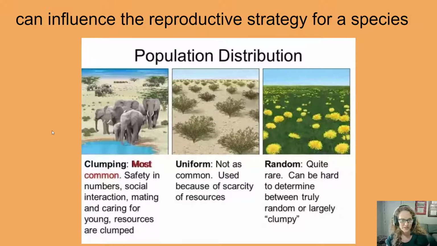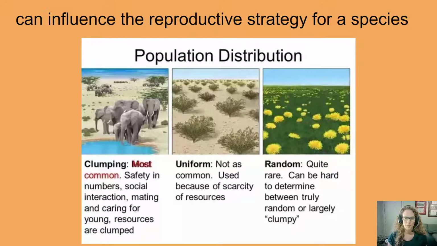The way a population is distributed can also influence the reproductive strategy that a species chooses, the R or the K. On the left, clumping is the most common strategy we see. Safety in numbers: they group together, protect each other, have social interactions, are nearby for mating, help each other care for their young, and the resources are clumped together. Uniform is not quite as common. They use it because the resources are scarce. You would see it in a desert.